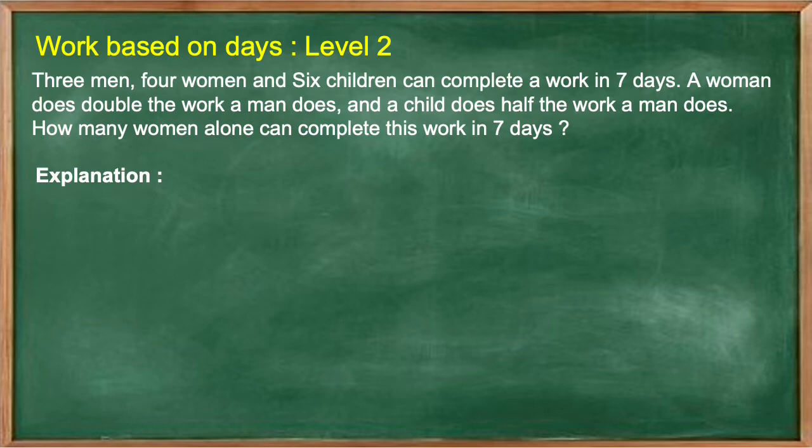Here they have given the relation between the efficiency of man, woman and child, and the efficiency cannot be compared directly. For this we need to relate their one day work.